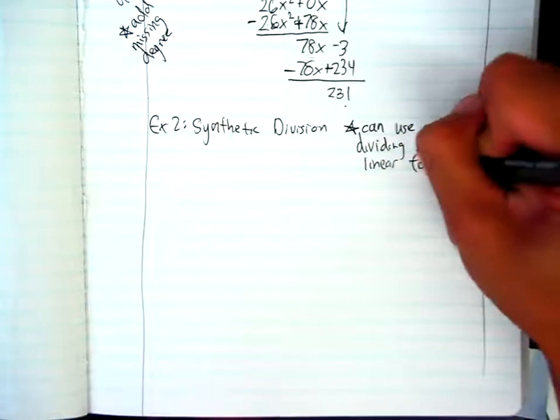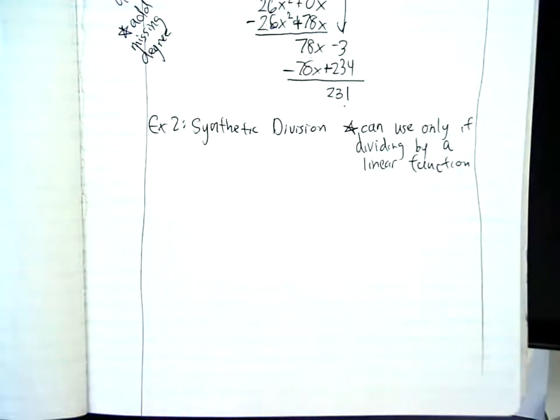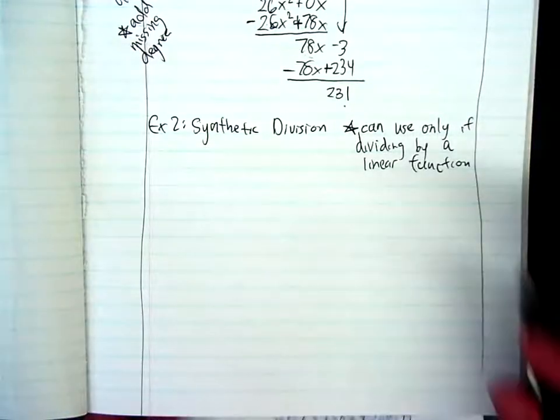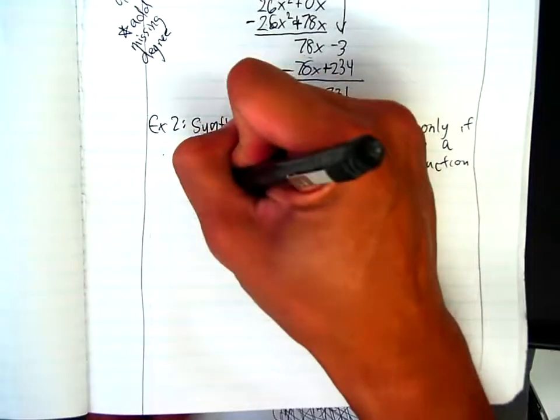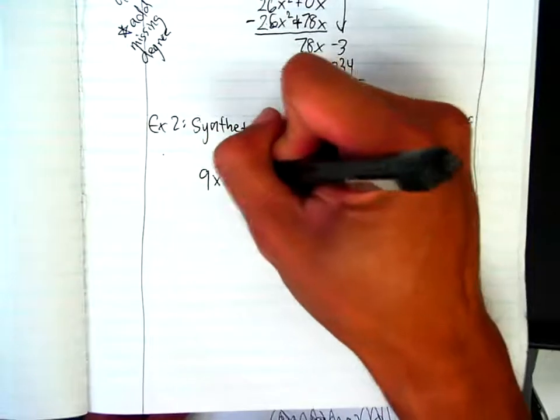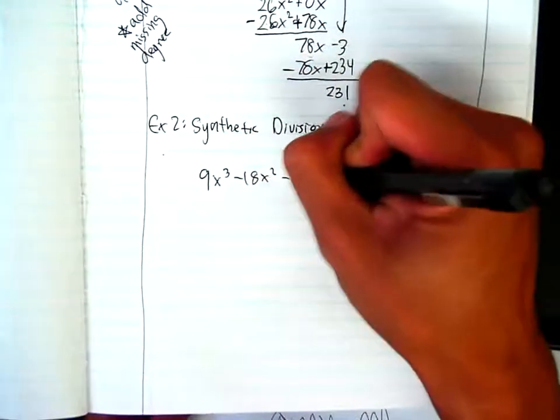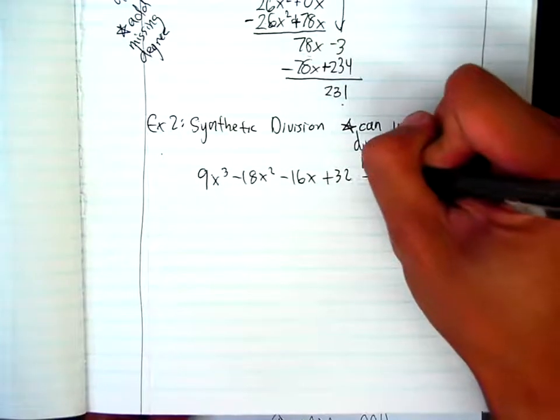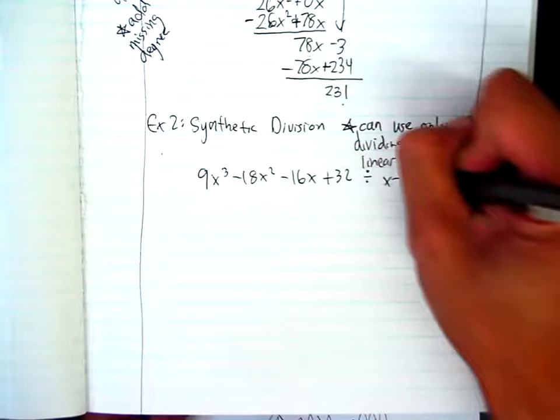What I mean by a linear function is anything with just x to the first power, and that's all you can do. So let's do a problem like 9x cubed minus 18x squared minus 16x plus 32, and I'm going to divide that by x minus 2.